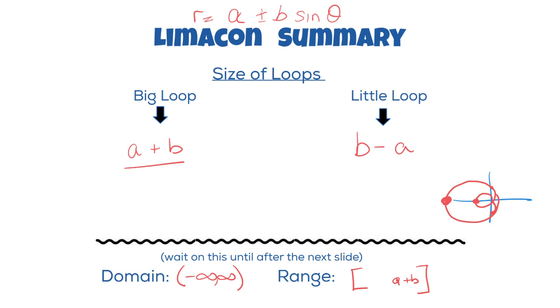But the little loop actually is coming from negative R values. So when we were looking at our table, everything that made the little loop had a negative R value. So this little loop, whatever that distance is, which is this right here, it was always the negative version of that. So it was always an A minus B. So that right there is your range. That'll make more sense later on, I think.